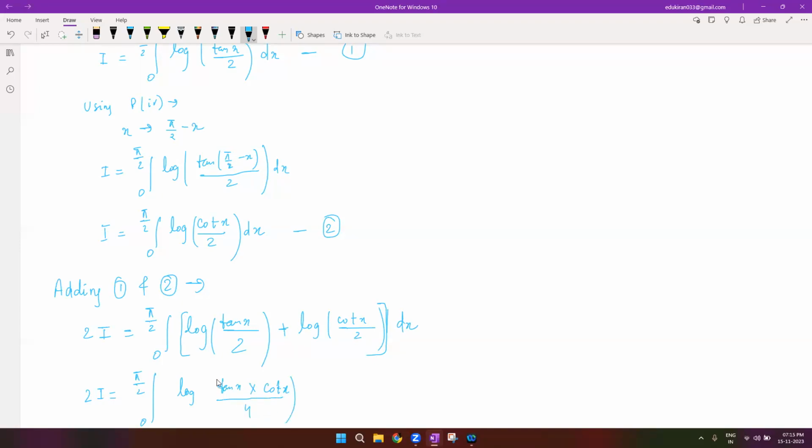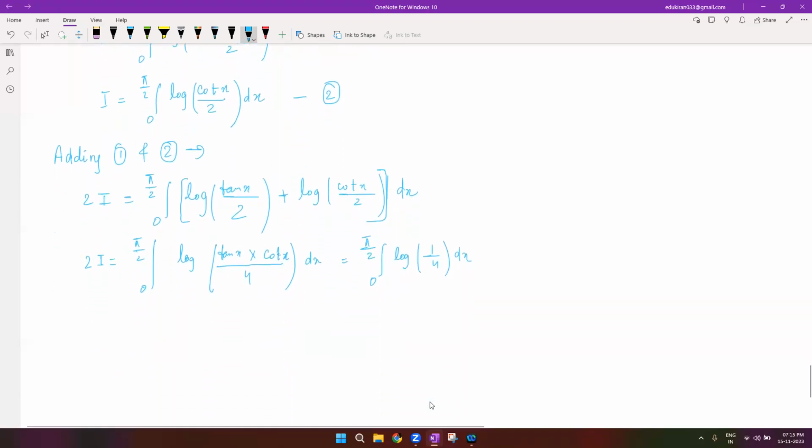Now tan x times cot x is 1, because tan x is equal to 1 upon cot x. So you can simplify that to the integral from 0 to pi by 2 of log of 1 by 4 dx, which is again a constant.